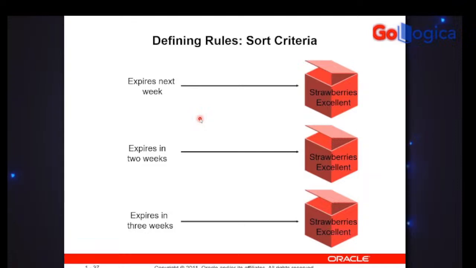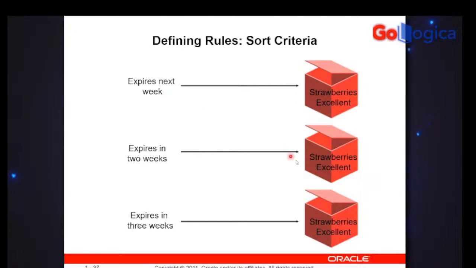Then we have some of the sort criteria, which you will see tomorrow when we discuss in detail what the sort criteria is. For example, you want to do the sorting also, right? Oracle will provide you that facility directly on the rules screen only. So here in this case, if you see, there are some strawberries that are expiring next week.